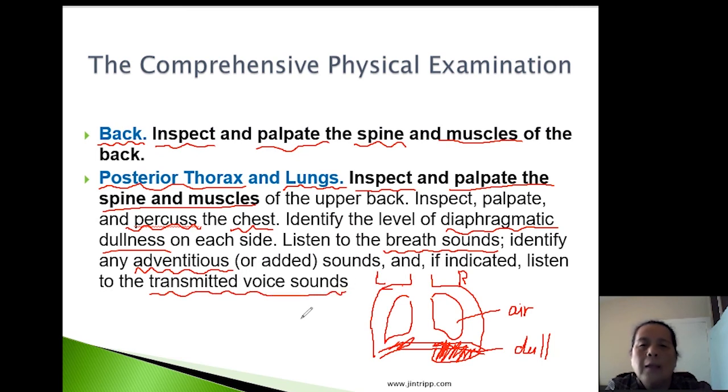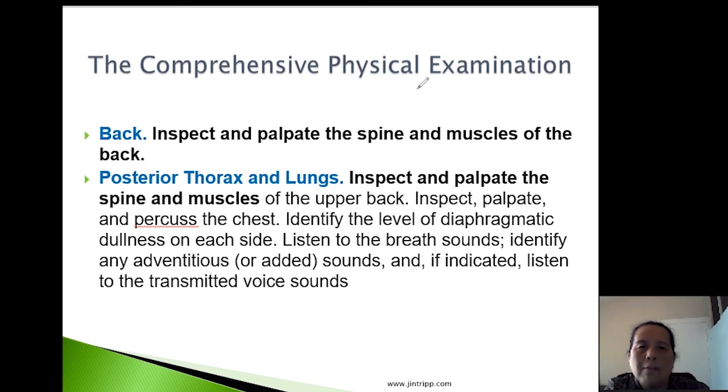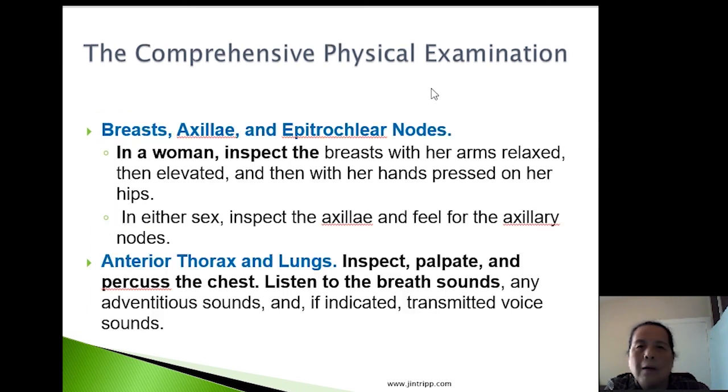We can tell the patient to say something, like saying E, and then through the scope we can hear the sounds. In different parts of the lung, it may be a little bit different. So from the back of the chest area, we can hear the different sounds. No worries, we will talk about some detail later. We just got some basic idea here.